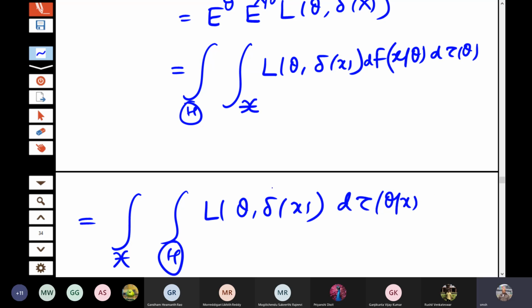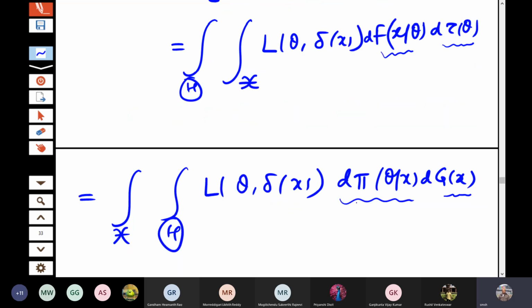I will put some name here because tau was for theta. I will use another name here, say something like pi. And then this one will become d of g x. That means the inner one has now become conditional with respect to x, and this one is the marginal of x. Here it is conditional of x given theta, and here it is the marginal of theta. So we have interchanged the roles. This one is called the posterior distribution of theta.